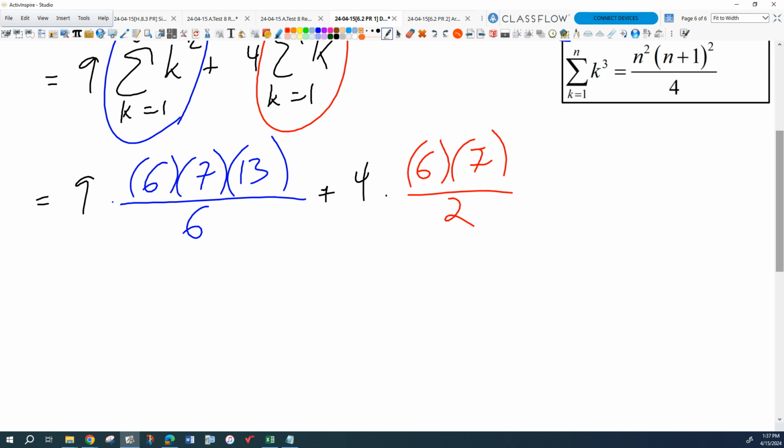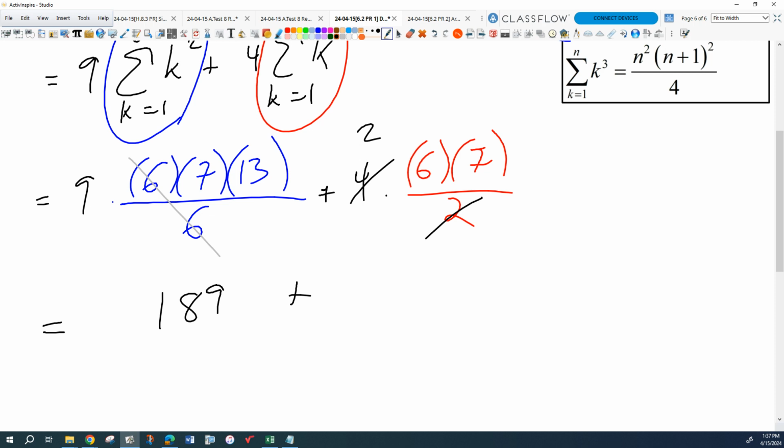Well, let's see. I could cancel those guys, right? And then I just get 21 times 9 is 189. Plus, I could reduce that fraction, right?